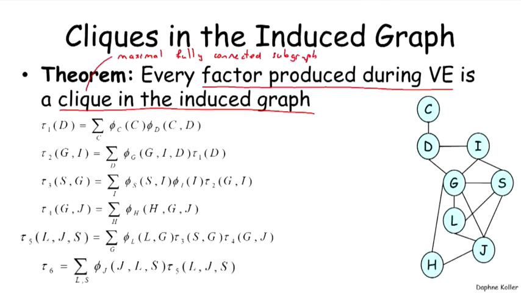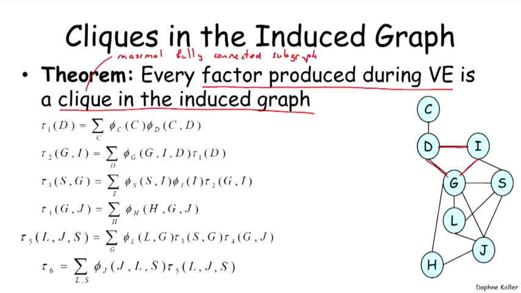So for example, DIG here is a fully connected subgraph because all of its three nodes are connected to each other. And it's maximal because I can't add any other variable to this and still have that property to hold. So if I try and add S, for example, then S is not connected to D. If I try and add C, C is not connected to I or G. So I can't add any other variable to this particular clique.